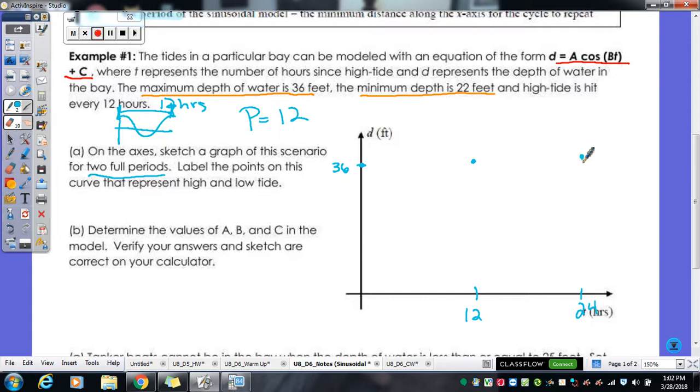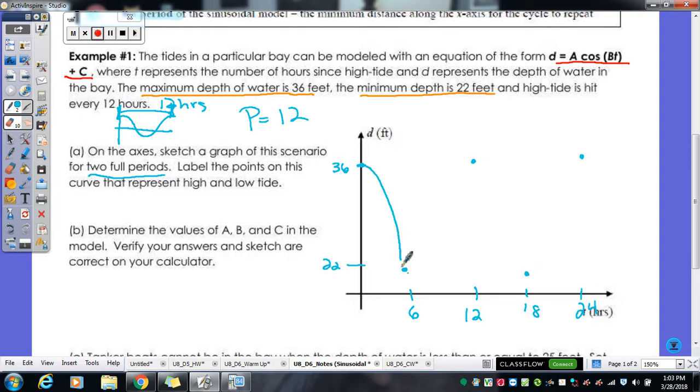So then when would the first low tide happen? 6 hours. It would just be half of the 12. And our low tide is how high? 22 feet. When would our second low tide happen? After 18 hours. And again, that's going to be 22 feet.